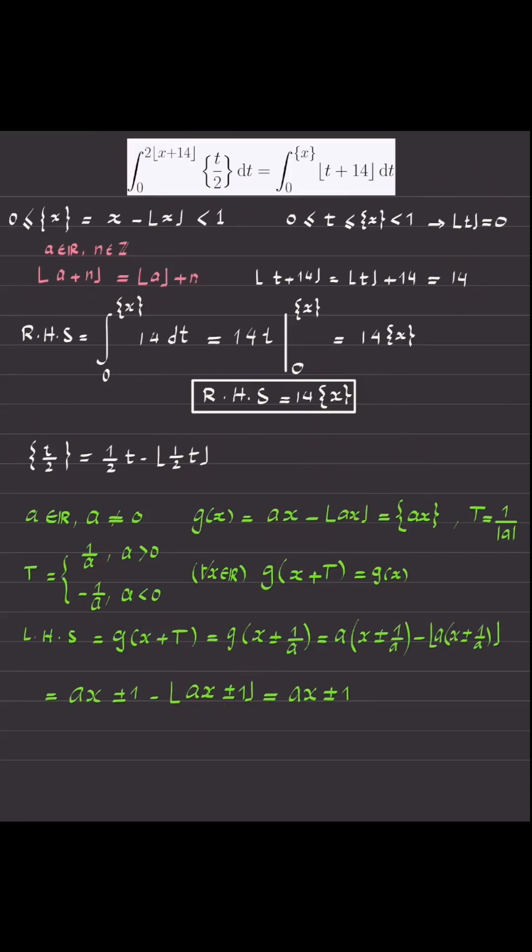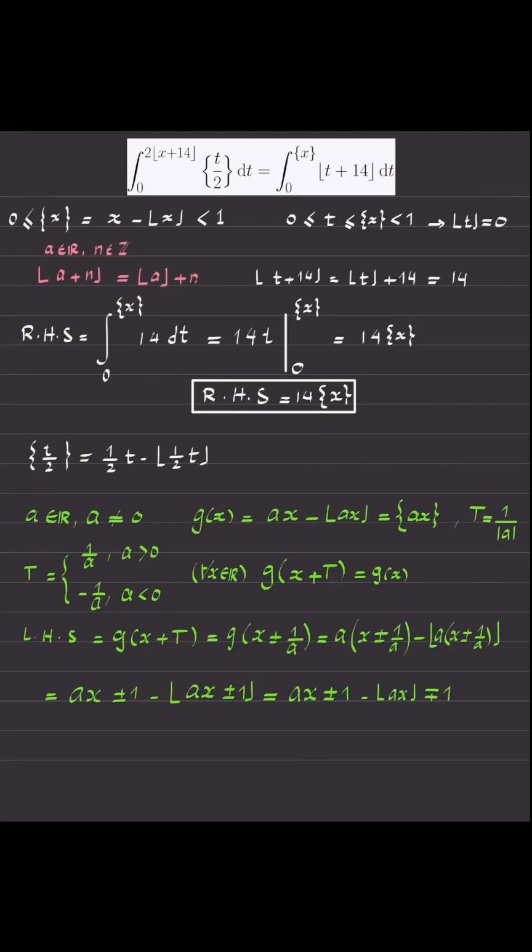So what happens, it becomes minus the floor of ax, but because of this minus sign, if it is positive, when I pull it out it becomes negative 1, and if I have negative 1, when I pull it out it becomes positive 1. So instead of plus or minus 1, it becomes minus or plus 1.